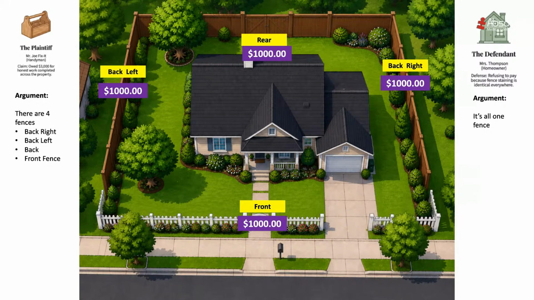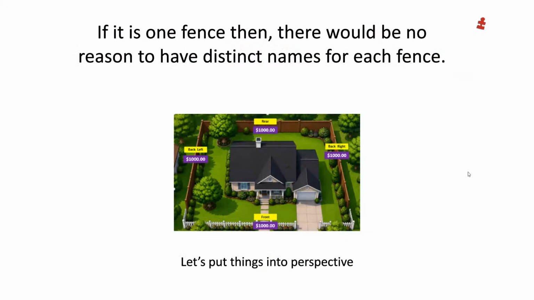But they're in the same yard, just different parts of the yard. And that was the point I was trying to make last time. I'll be the first to admit that it was probably a weak demonstration. But let me put things in perspective.